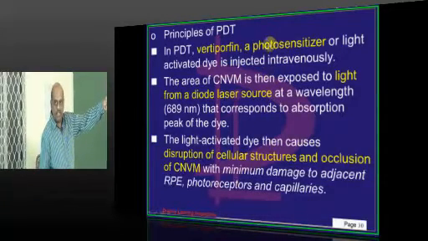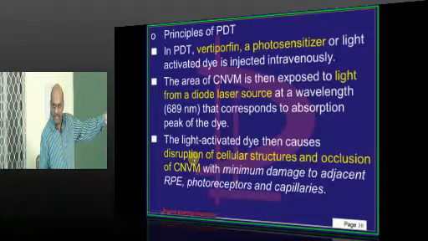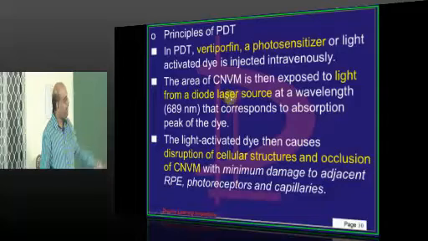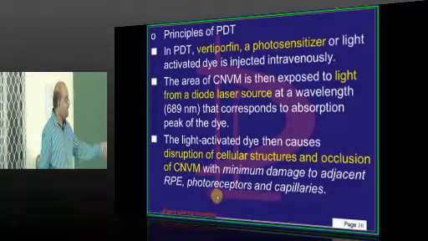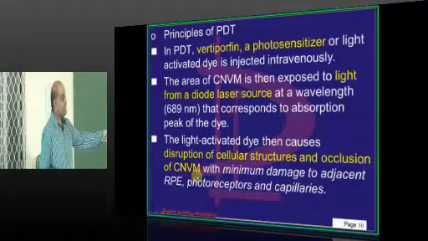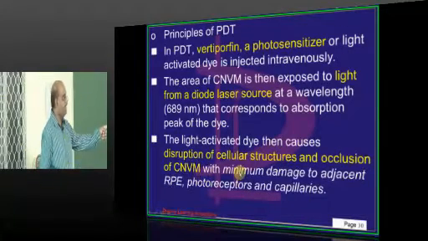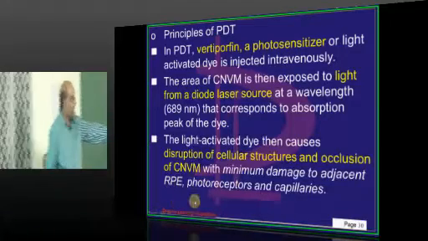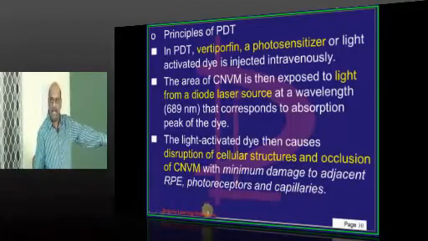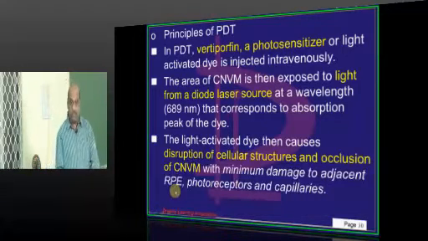First you put in the photosensitizer, then that will be taken up by the neovascularization area, and then you apply the diode laser, and that in turn will lead to disruption of the cellular structures and occlusion of that neovascular membrane. It won't damage other areas, photoreceptors, capillaries, retinal pigment epithelium. We don't want to disturb them.